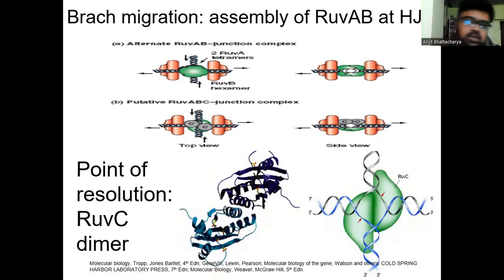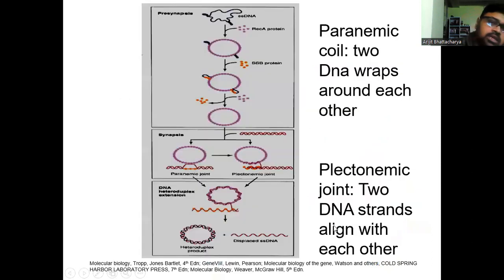So RAF-C binds with a stoichiometry of 2. Here you can see the dimer is bound to the holiday junction, and this binding can induce the endonuclease activity of RAF-C, thereby resolving the complex.